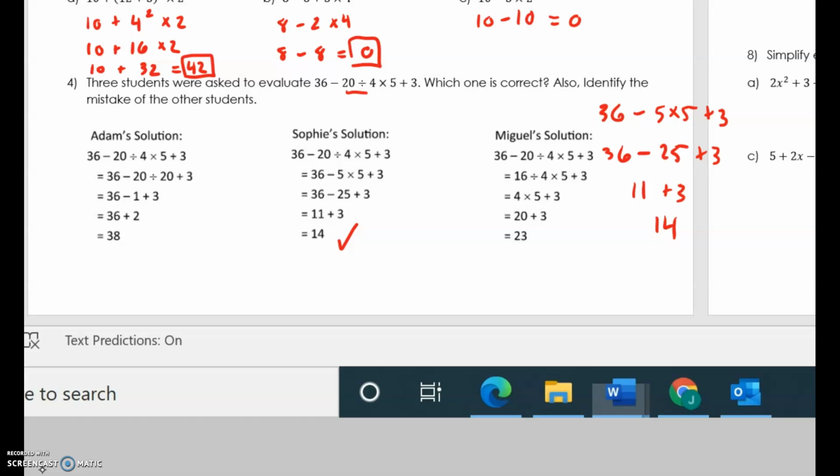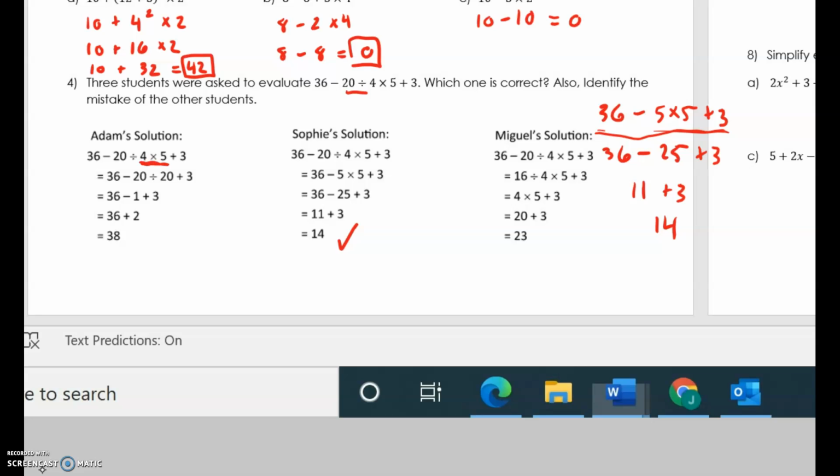And then the other students, I need to identify their mistakes. So when I'm looking at Adam's, let's see if my first step matches his. My first step was this. And looking at his first step, it looks like he has 36 minus 20. So he did that first.